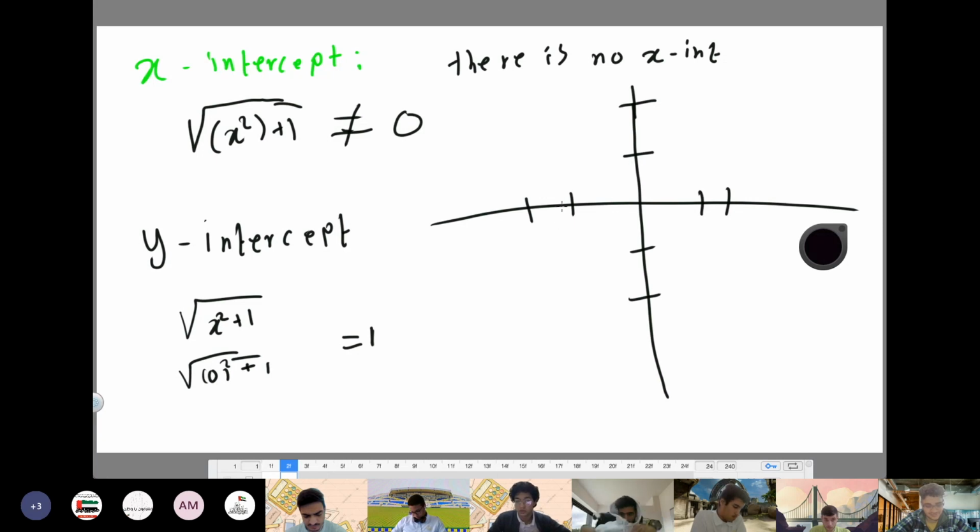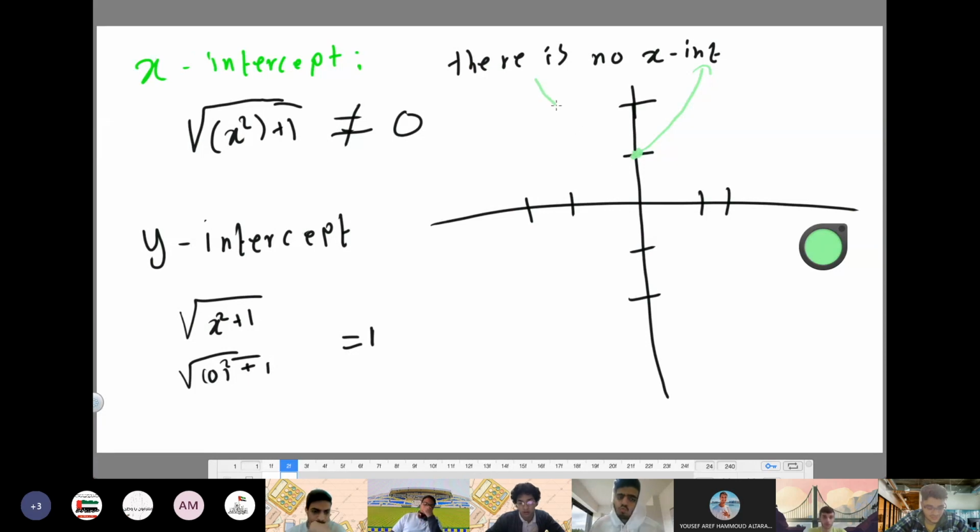What are we going to plot first? The intercepts. From the y-intercept, we said it's increasing from 0 to infinity, like that. And from the other side, it's decreasing, like that. And that's the whole function.